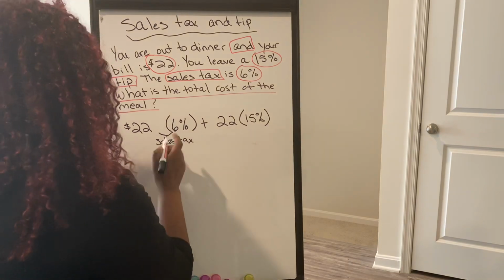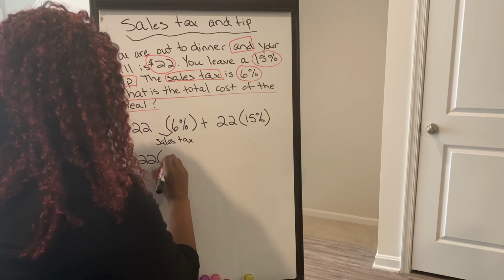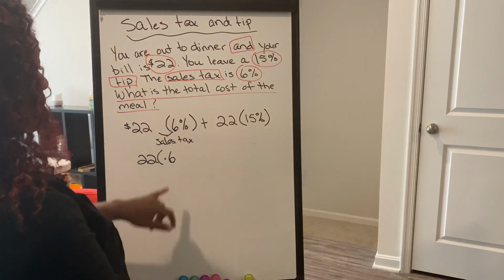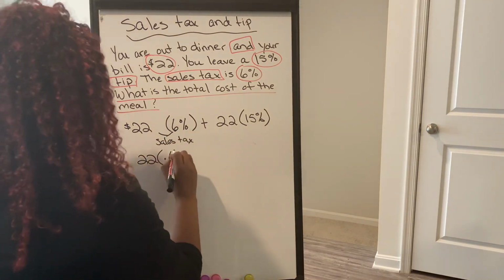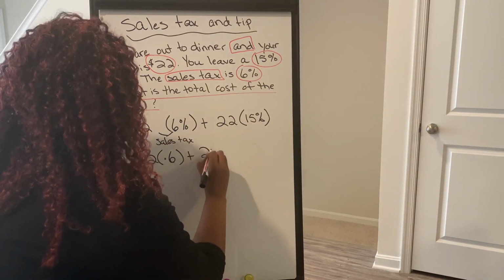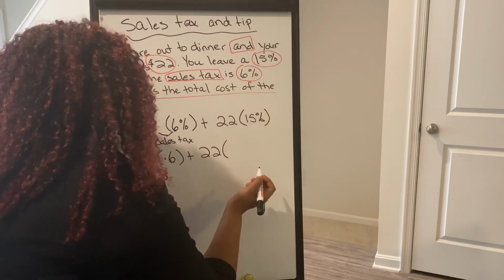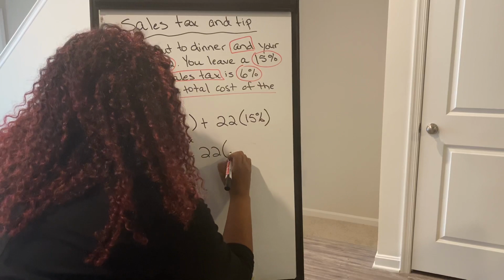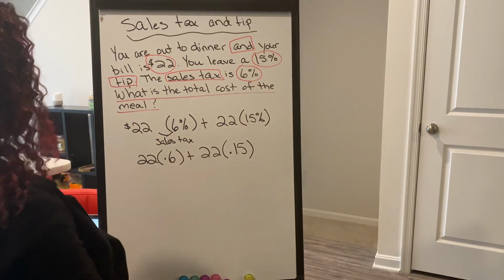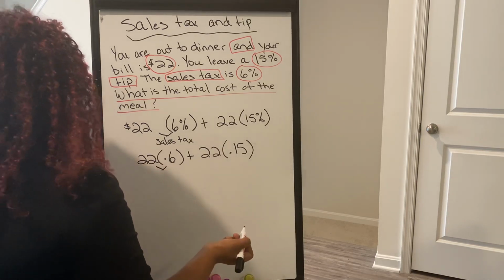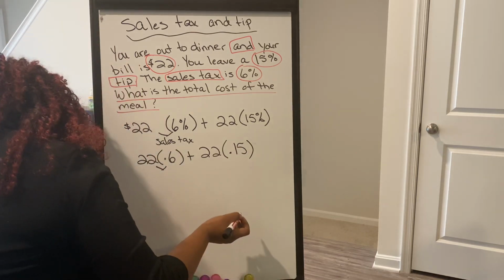So if I do 22 times 6, because remember in the conversion video, we know how to go from a percent to a decimal, plus 22 times 15%, which is 0.15. Then I just need to do my calculations. 22 times 0.06 should be, what do I have?